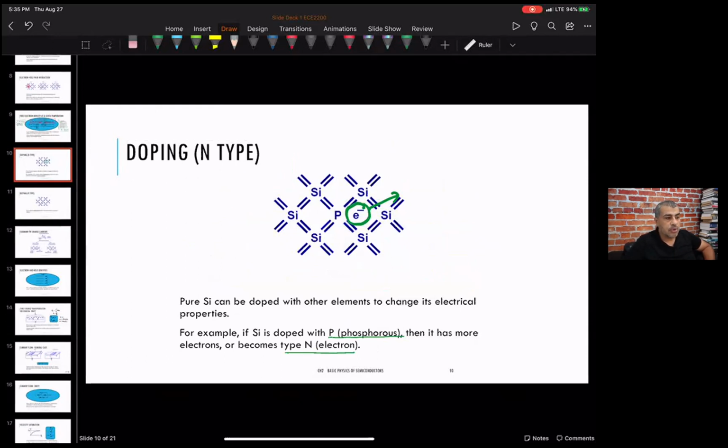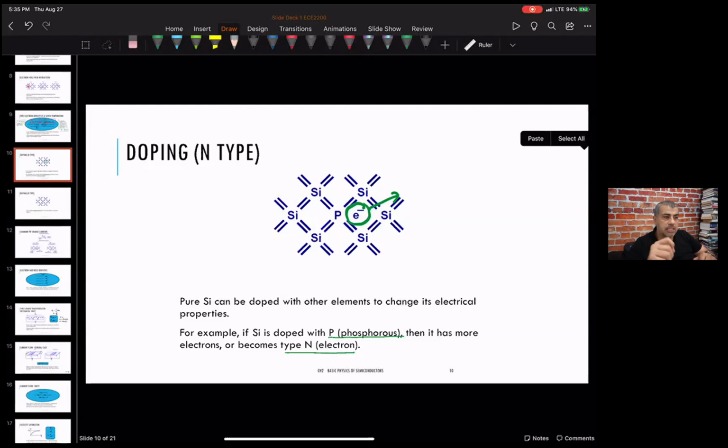The way people actually do this is, let's say you have a silicon crystal or silicon wafer. You may have seen silicon wafers that they make semiconductor chips from. They have expensive machines called ion implanters, which you can think of as ion cannons.